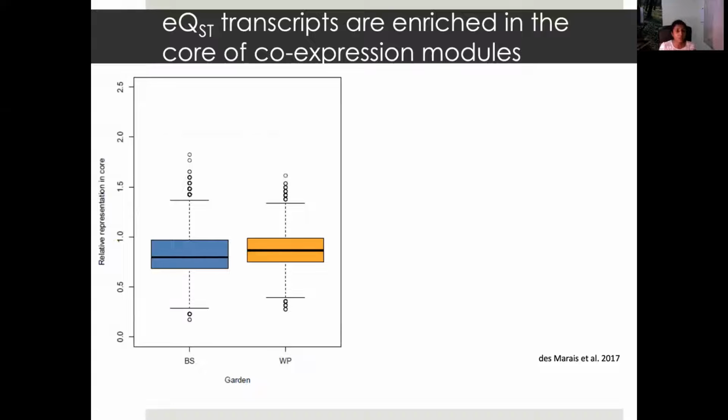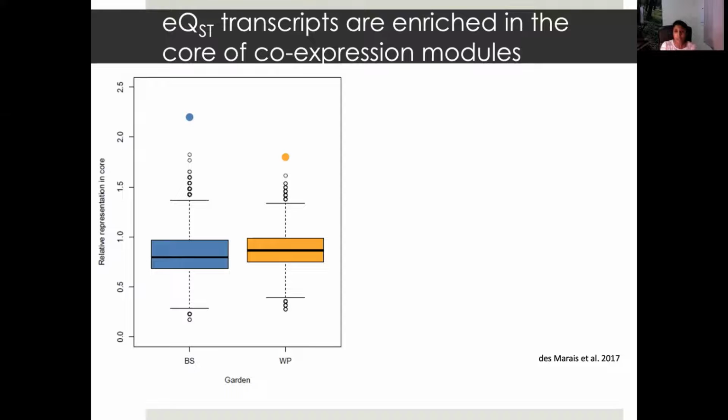Okay, so in this figure, the box plot is representing 10,000 permuted values of the relative representation of EQST transcripts in the core. And what we notice is that across both gardens, represented here on the x-axis, our EQST transcripts actually tend to be over-enriched in the core of the network and that of the module.